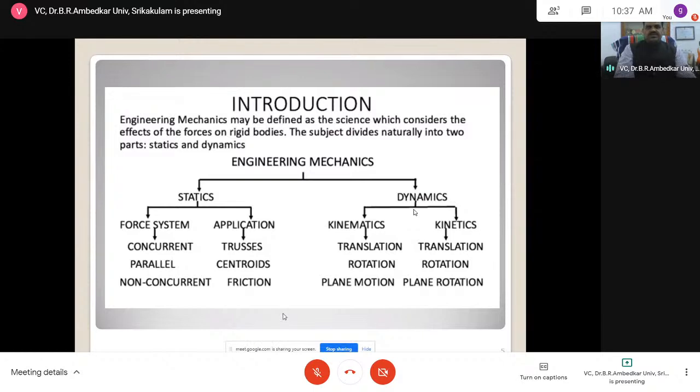Application part, we will consider trusses, centroid of a cross section, friction, etc. Dynamics, we will consider kinematics and kinetics. In that again, both the cases, translation and rotation, a combination of translation and rotation, that is what we are representing here, the plane.